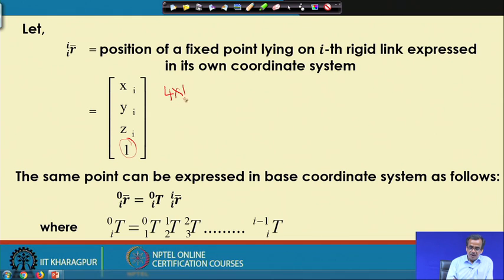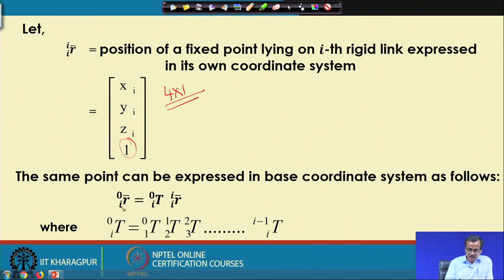I hope you remember this, we followed it while deriving the expression for the homogeneous transformation matrix. So, at the bottom of this position term, we put 1, the same one. Now, this r I with respect to I is nothing but x I, y I, z I, 1, and this is nothing but a 4 cross 1 matrix.